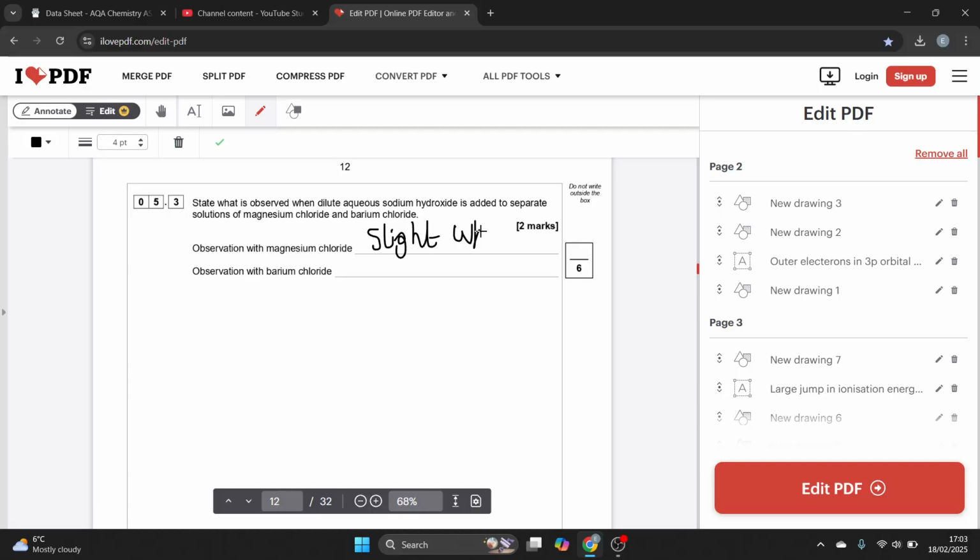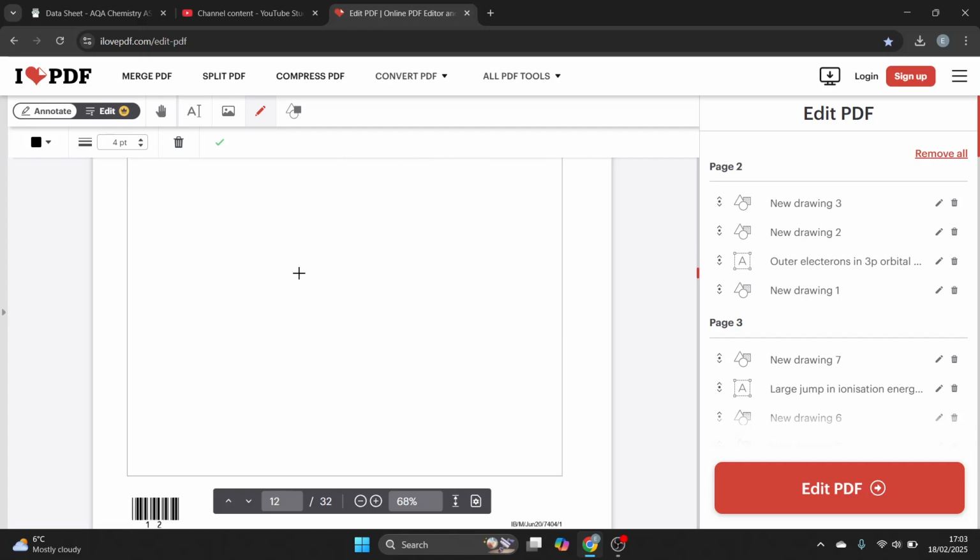Slight white precipitate for magnesium chloride. And remember, with the barium chloride, you've got the Ba2+, and that's no visible change. Slight white precipitate, no visible change.